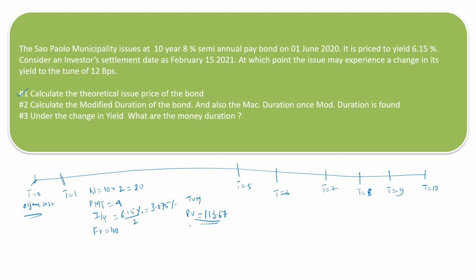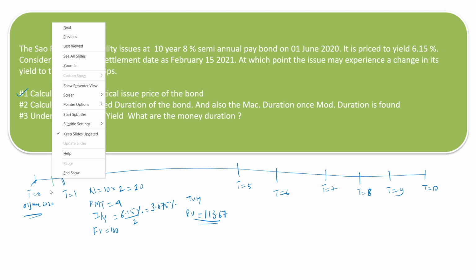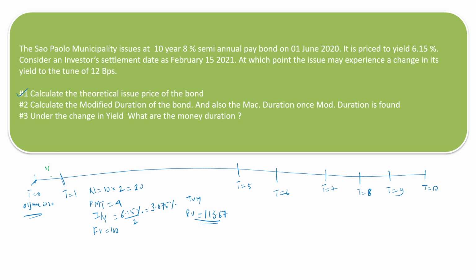Okay, now there is a problem here. The problem is the settlement date. The actual settlement date is somewhere around 15th of Feb, right? 15th of Feb, 2021.